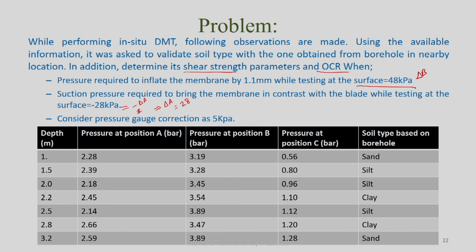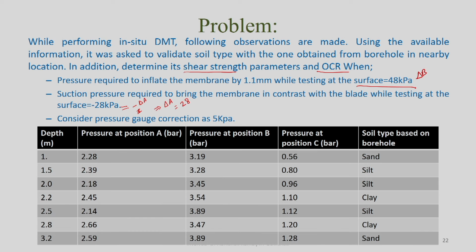When you go for correction, you have to deduct this value from the field measurement, so minus minus becomes plus. So be careful when using the value of delta A. If it is given as minus, that means the minus required while reducing the formula has already been accounted for, so you can use the delta A value directly.